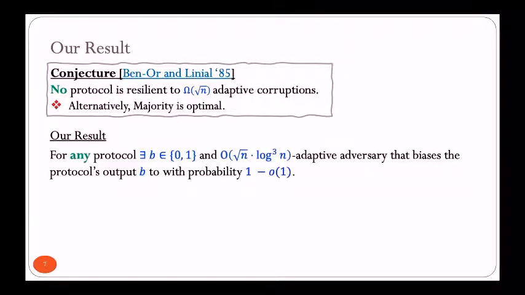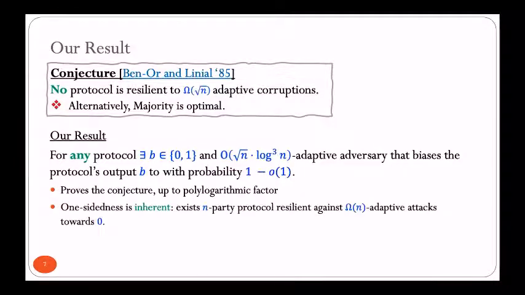More precisely, we show that for any protocol, there exists an output value B, either 0 or 1, and an adaptive adversary performing at most screw-10 corruptions that sets the output of the protocol to B with overwhelming probability. So indeed, this proves the conjecture up to the polylog factor in the adversary.